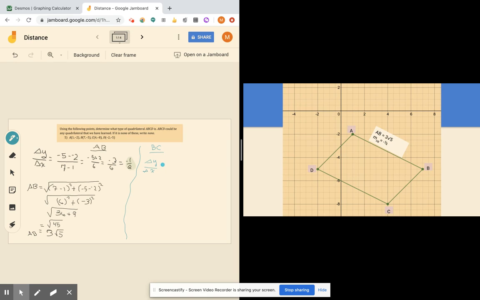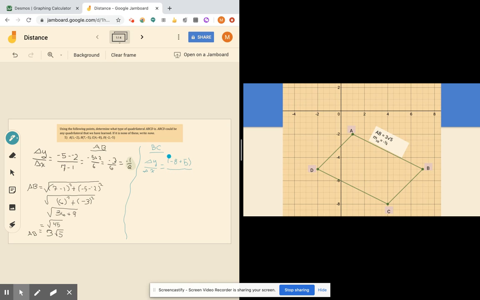B to C, so negative 8 minus negative 5, so it becomes plus 5.